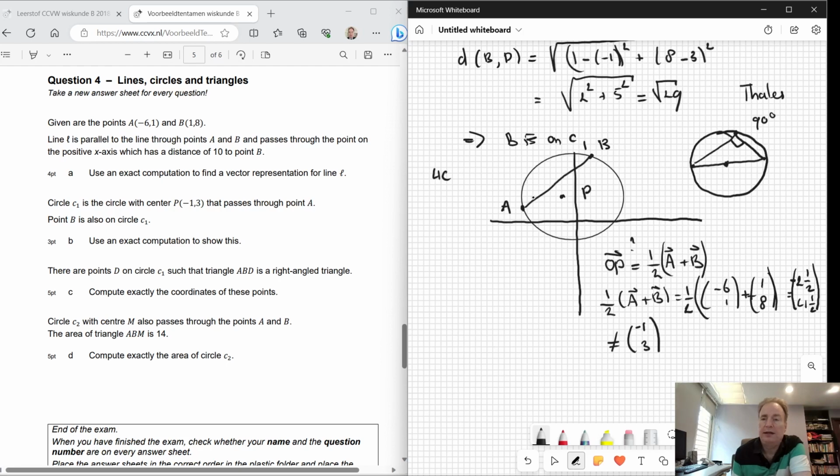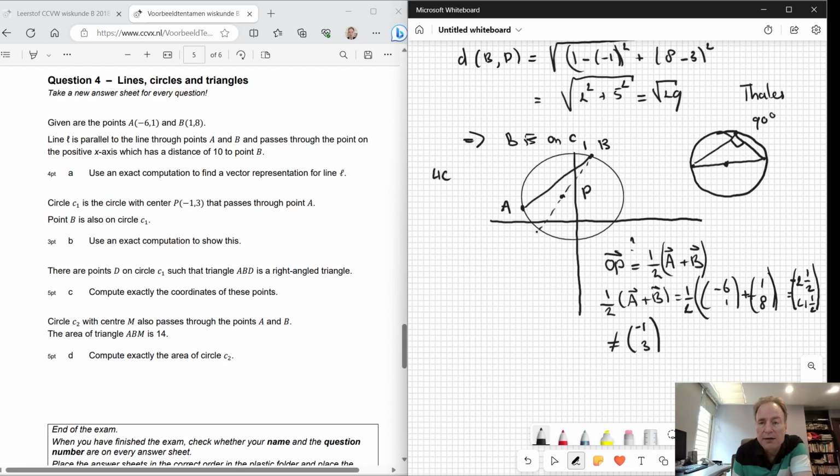And that means that if you have point D, either BD has to be going through the center, or AD has to go through the center.